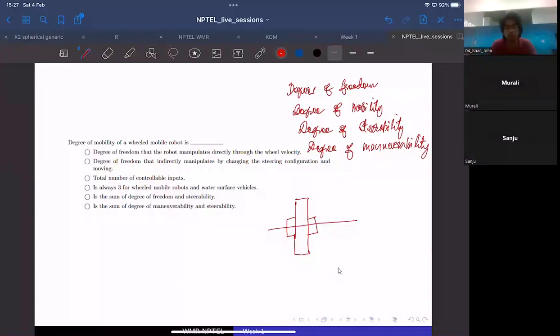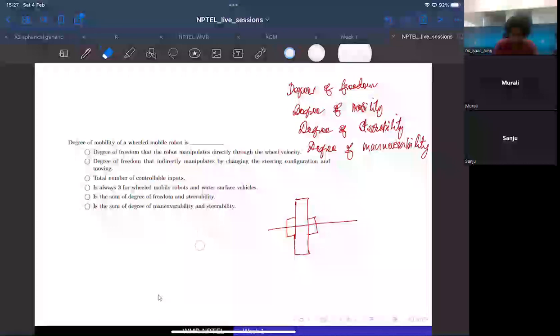And the other primary purpose of using motors would be to manipulate the steering angle. So if the wheel is connected to a shaft or onto the chassis, and if we attach a motor, we can manipulate the steering angle as well. So the term mobility basically corresponds to the degree of freedom that the robot directly manipulates through the wheel velocity.